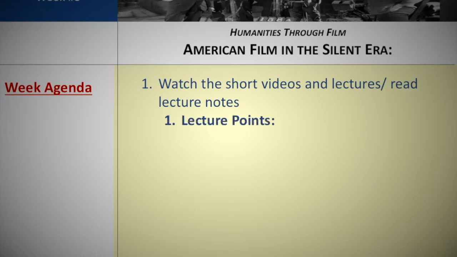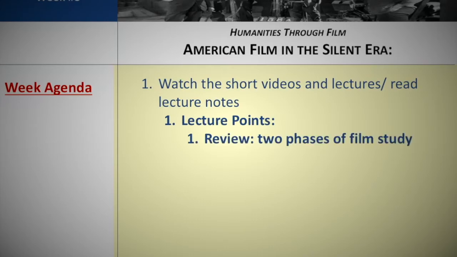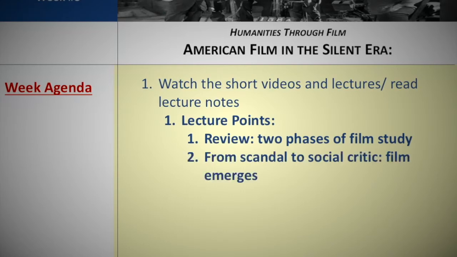Lecture points that we'll be covering, just to highlight what that's going to look like, is reviewing the 2 phases of film study that we talked about last week. Looking at from scandal to social critic, how film emerges, and the back streets of New York and other places around the world, and France and so forth, to Hollywood and being a major industry, and the development of the movie star.